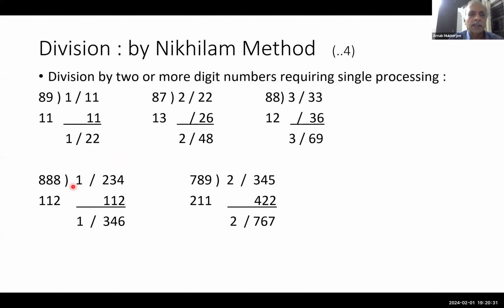Or you can say that had I divided 1234 by 1000, 1 would have been my quotient and 234 my remainder. Because the divisor is a little short, it will contribute some more towards the remainder. The logic is this.